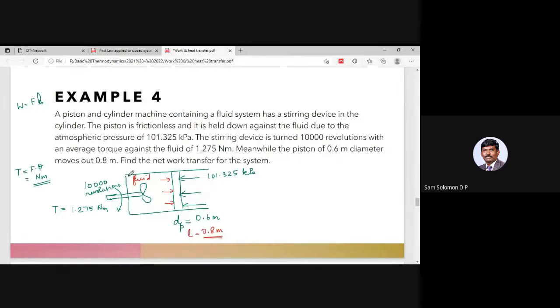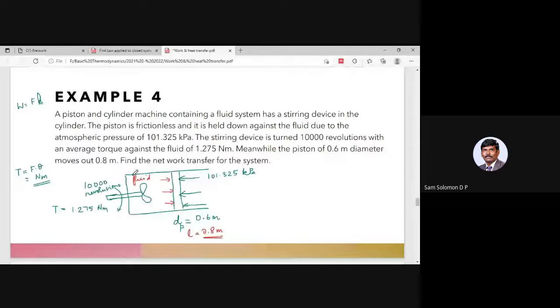The volume is not reducing here. You're just stirring, and when you are stirring, what happens? Can anyone think and tell me what happens when you stir the fluid which is inside the cylinder piston arrangement? What will happen to its volume?